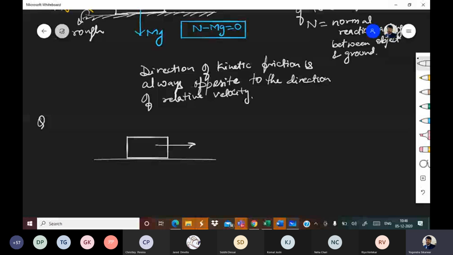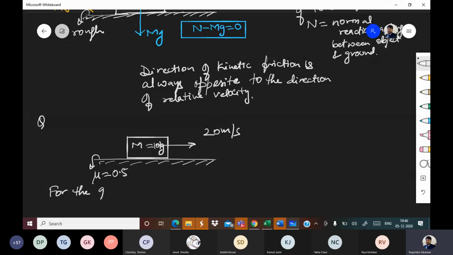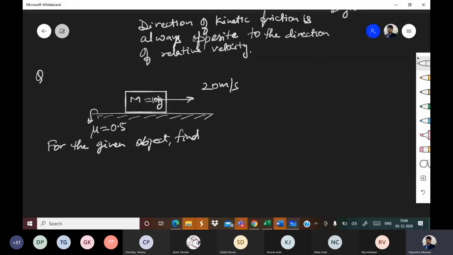Question. This is a block which is moving with 20 meters per second. M is 10 kg. Mu is equal to 0.5. For the given object, find number one, kinetic friction.